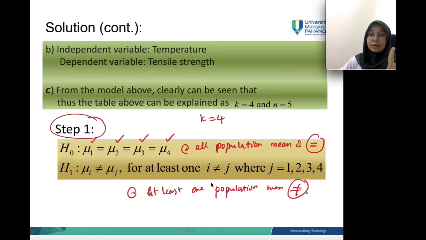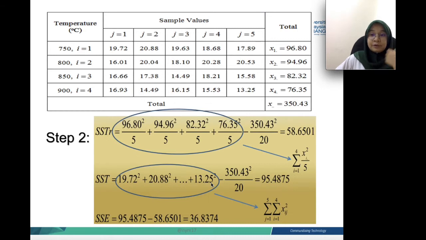What is step number 2? Step number 2 is your F test. In order for you to calculate the F test, you need to construct the ANOVA table. To construct the ANOVA table, you need the SSTR, SST, and the SSE. So this is the table from the question just now.